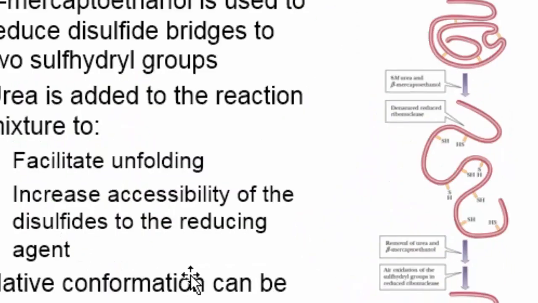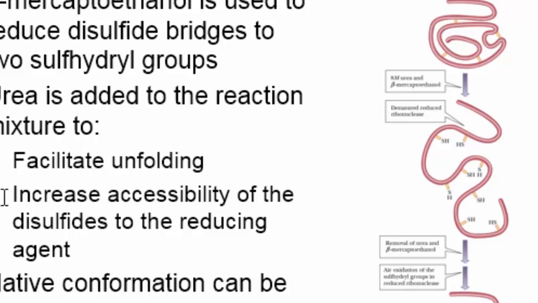This is an experiment carried out by a scientist called Anfinsen, who worked on native ribonuclease. This is the native conformation. He added urea and beta-mercaptoethanol, and then you have your denatured protein.